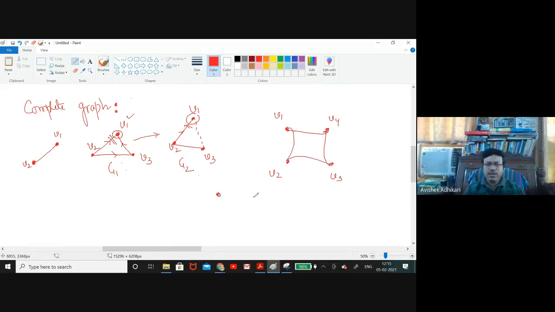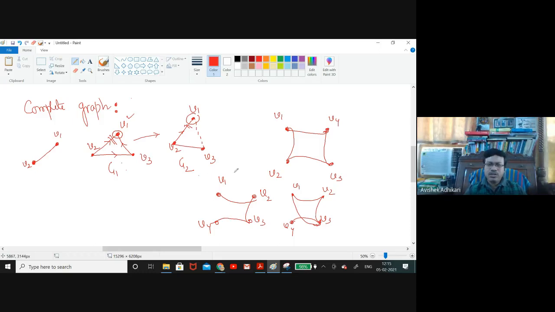Again, maybe this is also a connected graph, V1, V2, V3, V4, and maybe keeping in mind the simpleness, you can say that this is also a connected graph, right? So V1, V2, V3, V4.